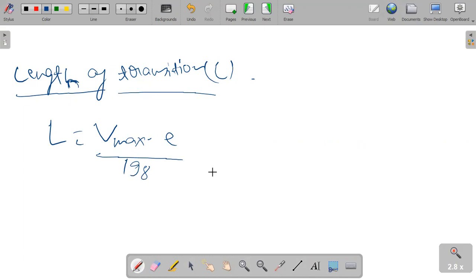Basically, if we talk about the types of transition curve, we have three types of transition curve, which are Euler spiral, cubic spiral, and cubic parabola.